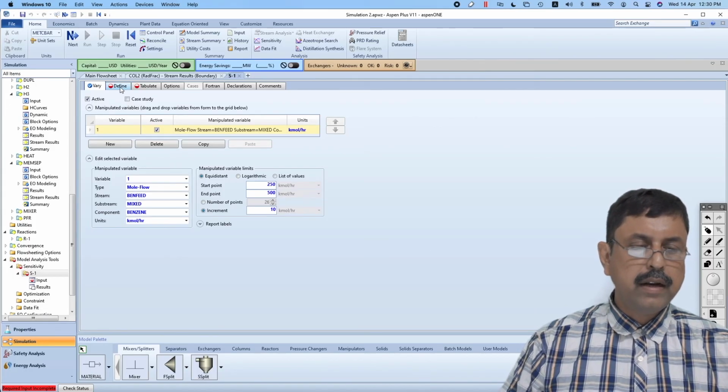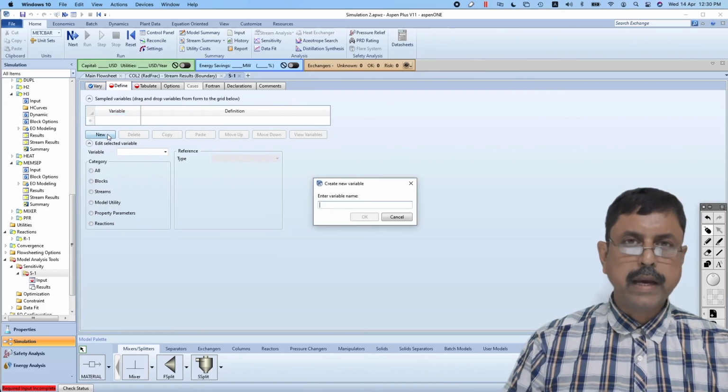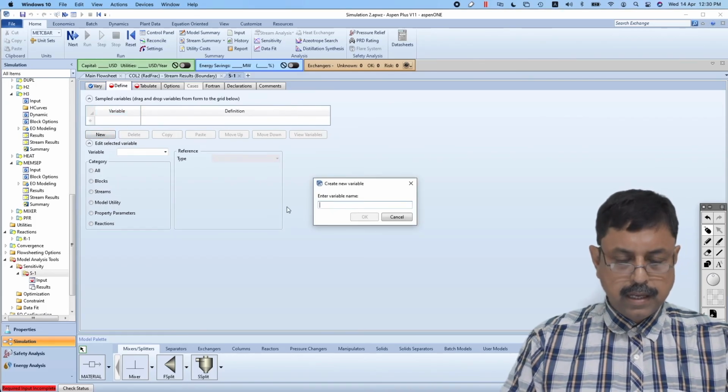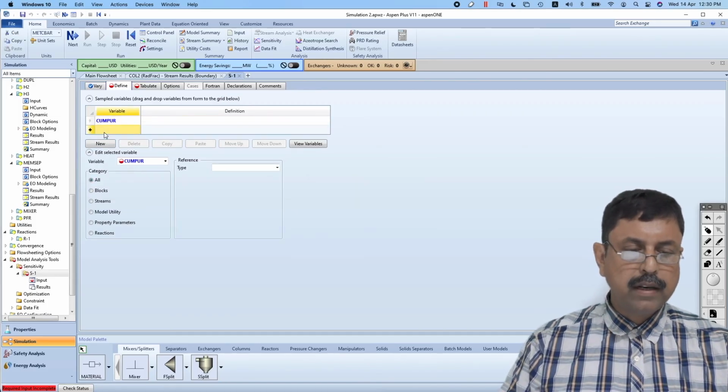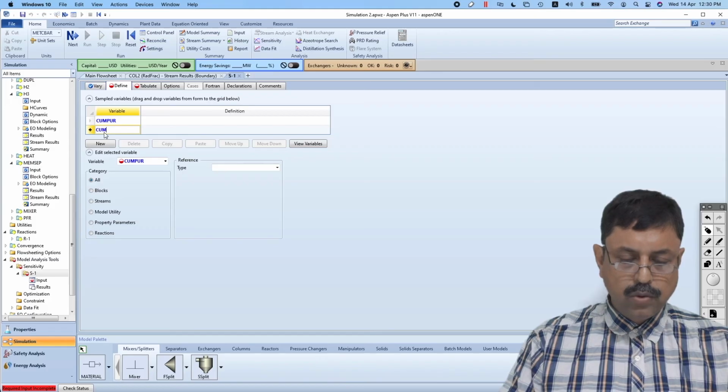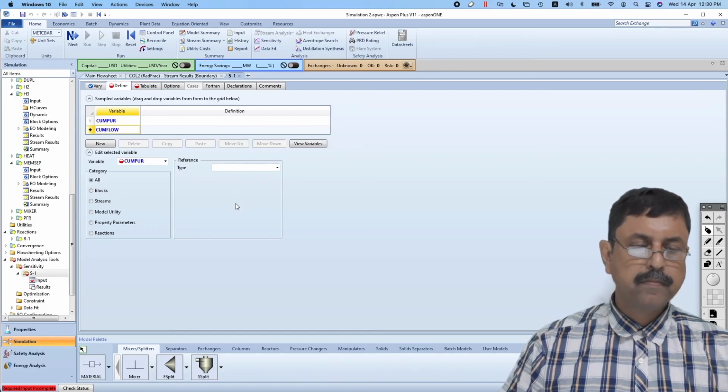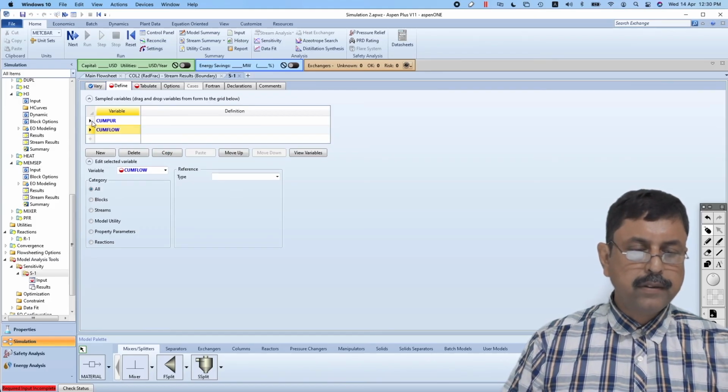Then we will define two items. One is the cumene purity, and also we will identify the cumene flow rate. What is cumene purity?